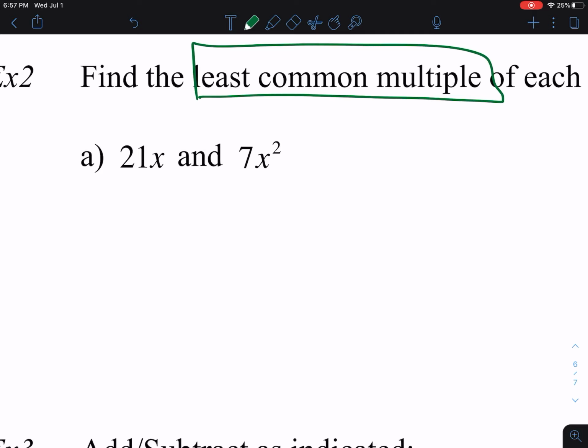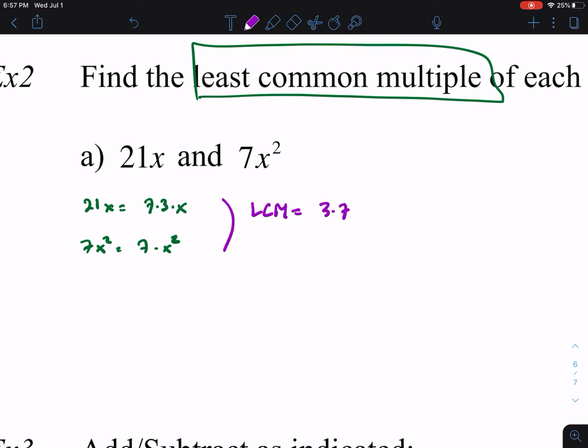Let's go ahead and look at this individually. 21x is 7 times 3 times x, and 7x squared is 7 times x squared. The LCM, which both of these divide into, must contain both of these number factors, and that is 3 and 7.